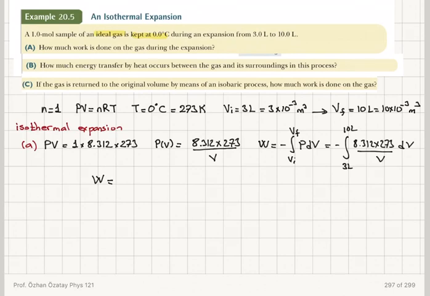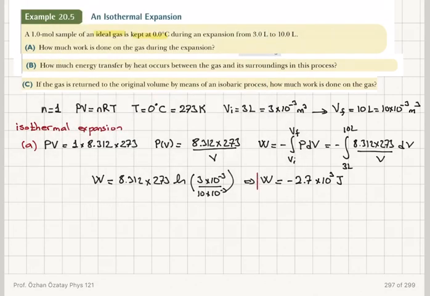It's going to be 8.312 times 273 times the natural logarithm. Because of the minus sign, the limits will change: 10 times 10 to the minus 3 meter cube divided by 3 times 10 to the minus 3 meter cube, and I find the answer to be, the total work done is minus 2.7 times 10 to the 3 joules.